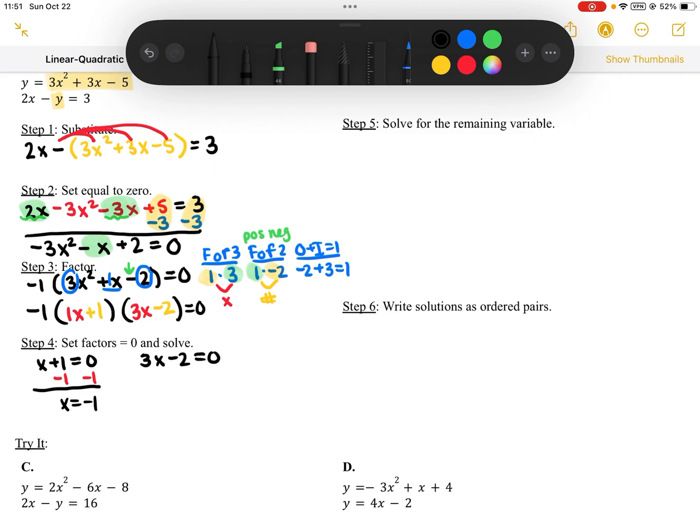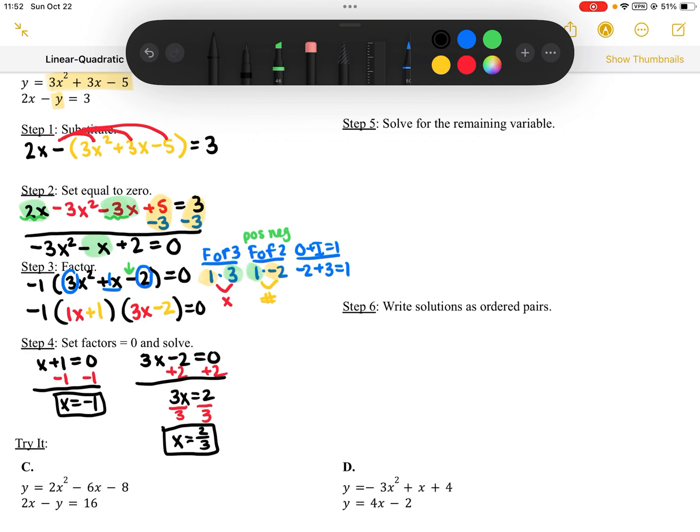So I get x equals -1. Second equation, I need to add 2 to both sides to get 3x by itself. So I have 3x equals 2. Then divide both sides by 3. So I get x equals 2 over 3.